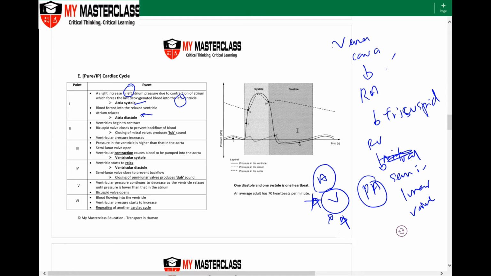Looking at the notes here, your ventricles will begin to contract. This one is supposed to be the tricuspid valve, closed to prevent the backflow. Since the pressure in the ventricle is higher, it will cause the opening of the semilunar valve. When ventricles relax, that is your ventricular diastole.